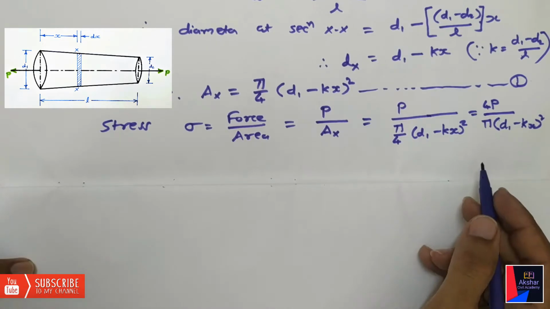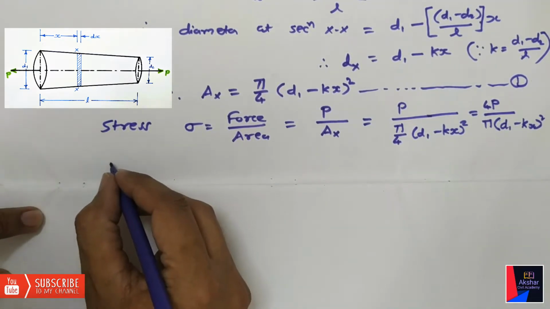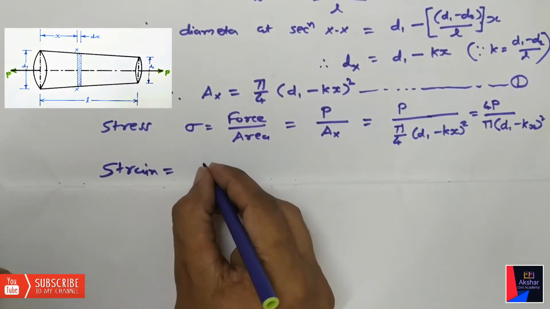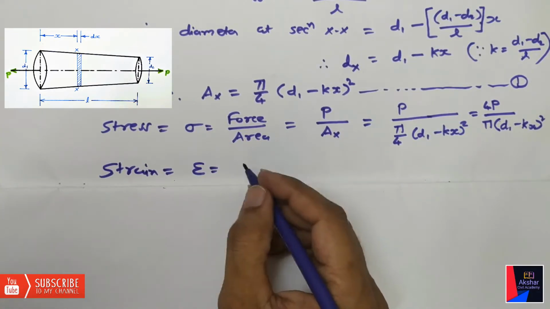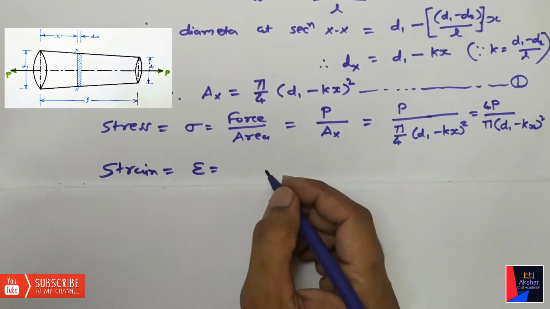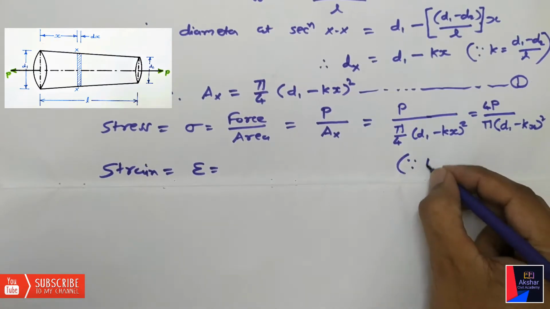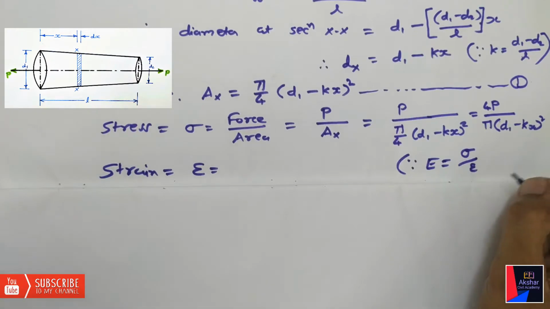Now we know that strain epsilon. So what is strain? We can write strain from the modulus of elasticity. We know that modulus of elasticity E is equal to the stress to strain ratio.